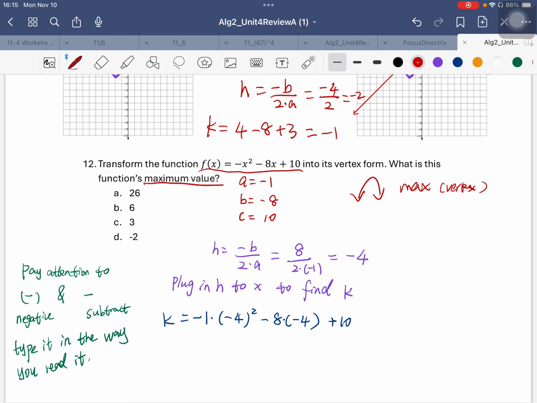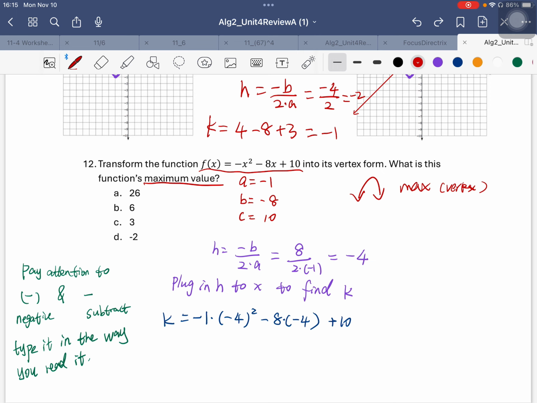So we find the h by negative b over 2a, and a is negative 1. I got h is negative 4. And then I plug in negative 4 for both x. I replace both x with negative 4.